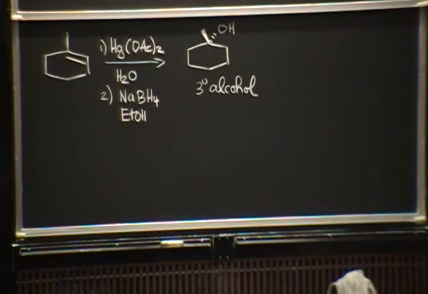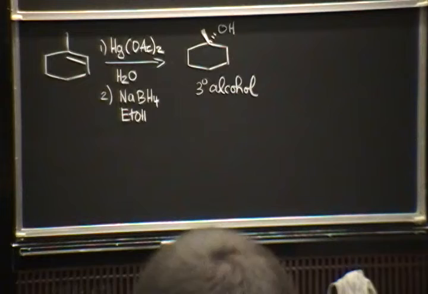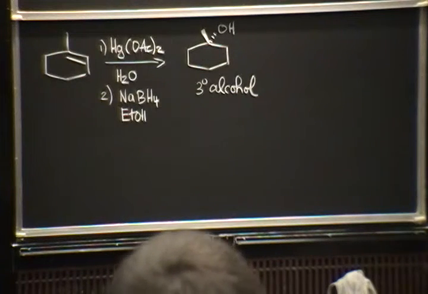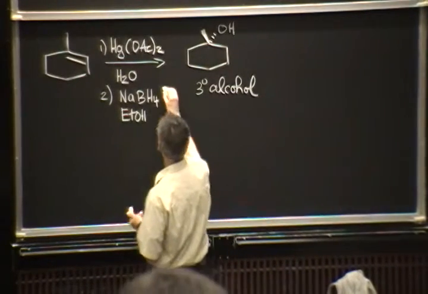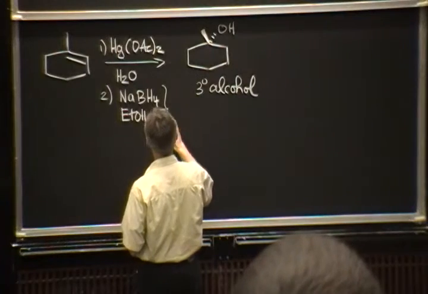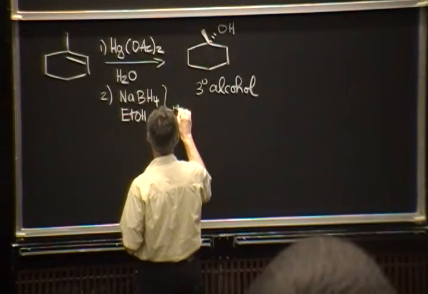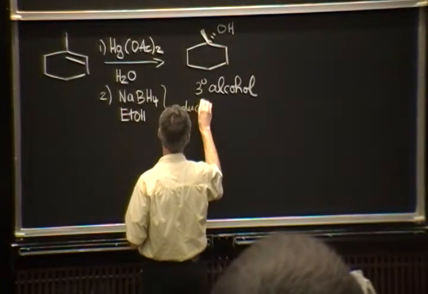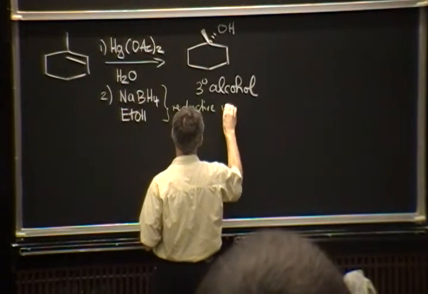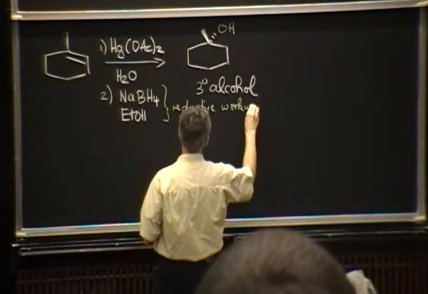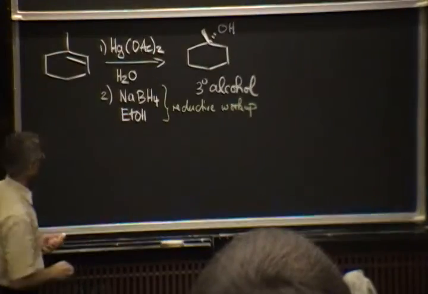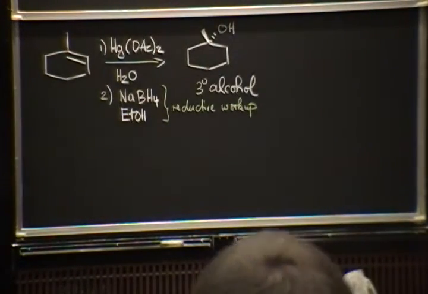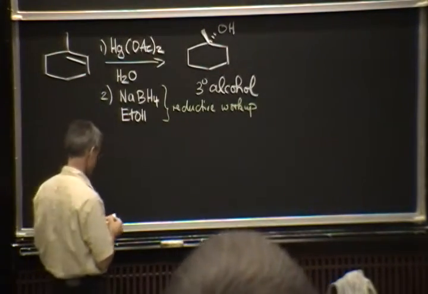The first one is the actual oxymercuration reaction. The second is again a reductive workup with sodium borohydride. So this is another example for taking, in this case, a toxic compound, not an explosive one, and doing a reductive workup. That gives us the product. And of course, we'll look at the mechanism.